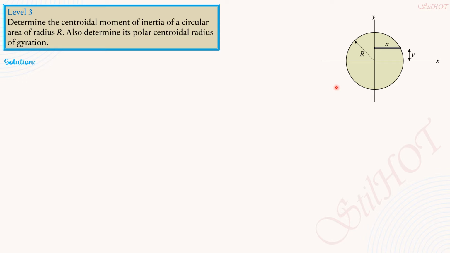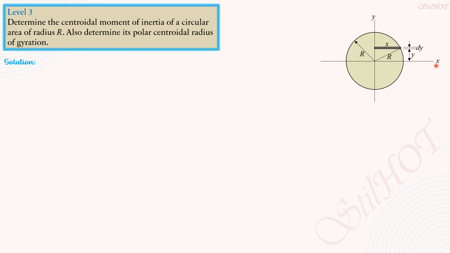And since this is the radius, x is, by Pythagorean theorem or the equation of a circle with center at the origin, the square root of r squared (hypotenuse squared) minus y squared. So that's the value of x, square root of r squared minus y squared.